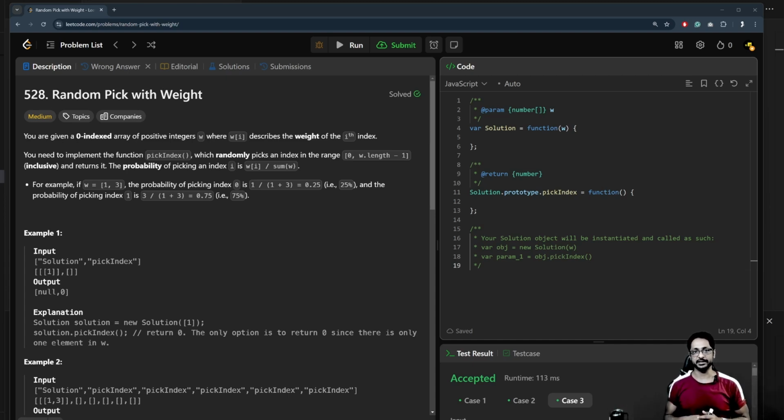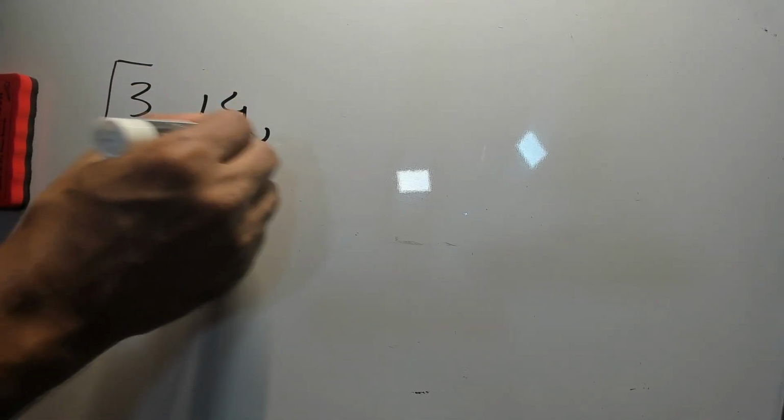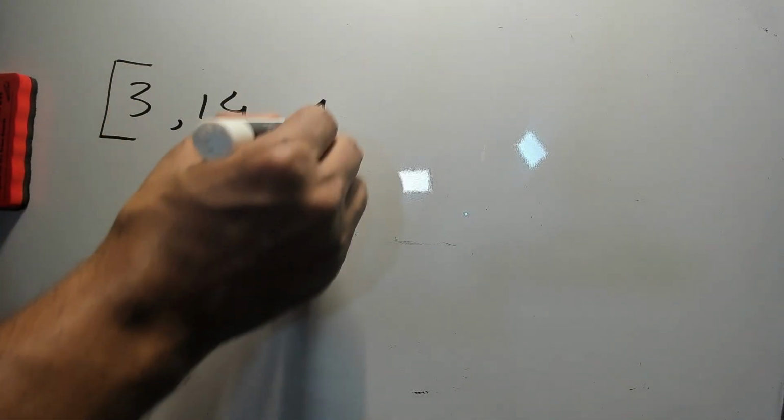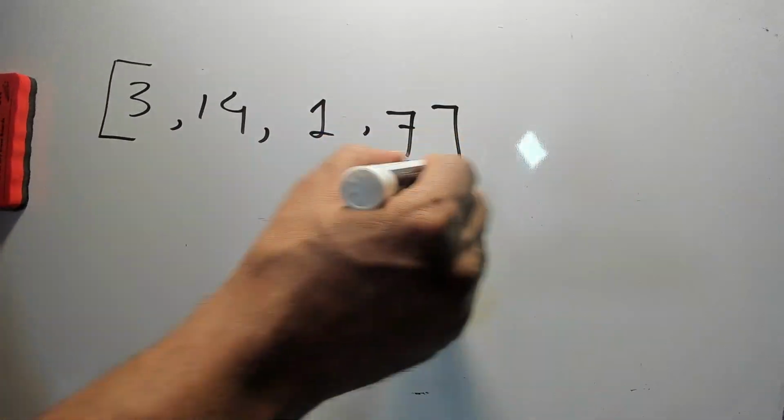So let me explain this on the whiteboard. Let's consider an example, an array consisting of 3, then 14, then 1 and 7.